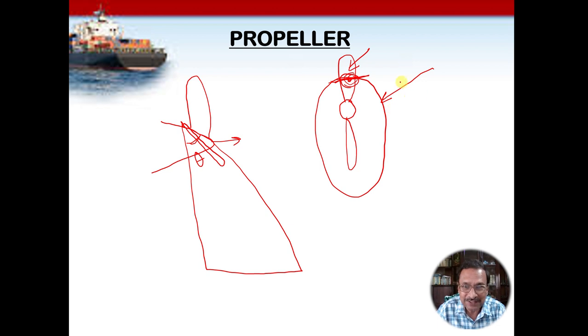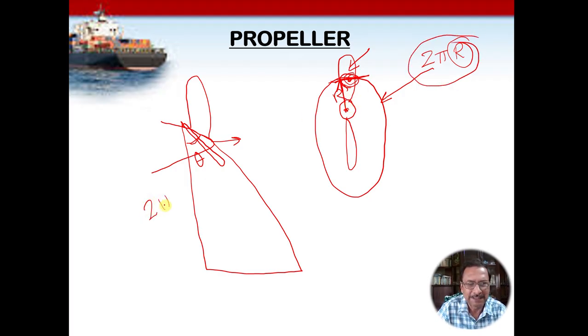And what is this distance? This is nothing but 2 pi r. What is r? r is the distance of the reference point from the center. This 2 pi r is represented by the perpendicular in this triangle.